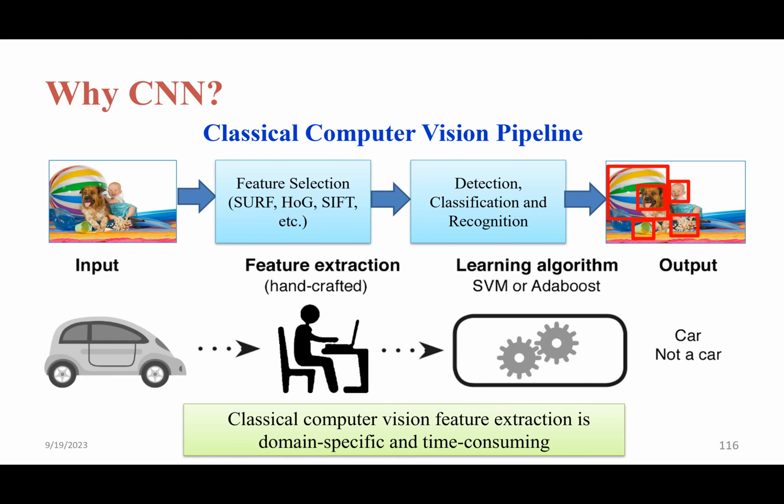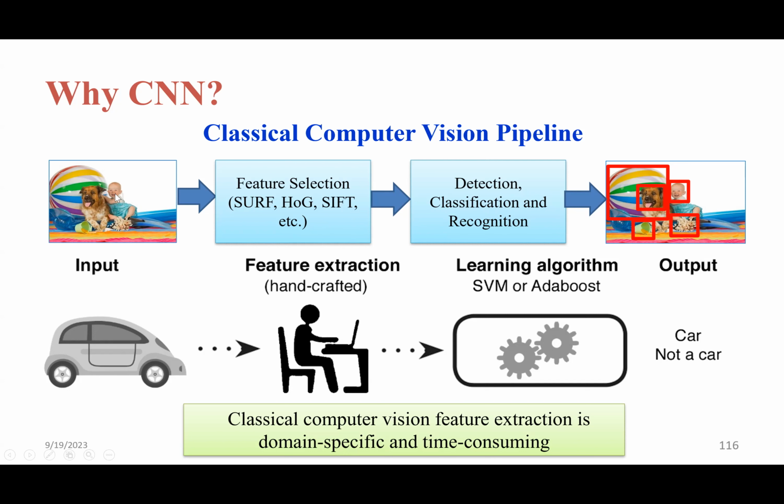And we then feed the produced features. The handcrafted features are produced, and then these features are given to a classifier like support vector machine or AdaBoost to predict the output. So this is how objects are detected and classified using machine learning.